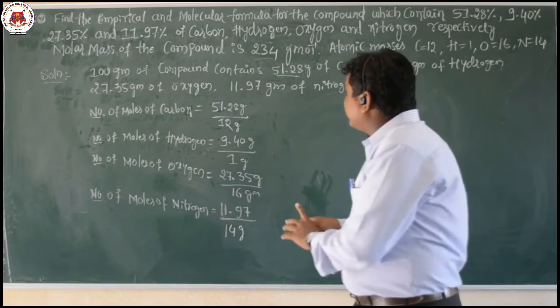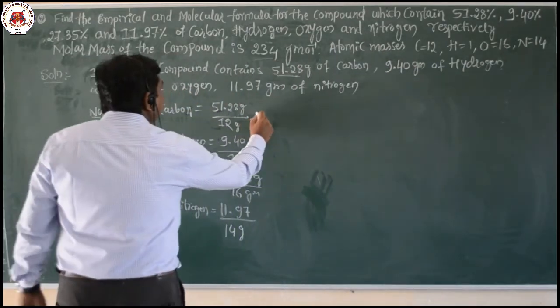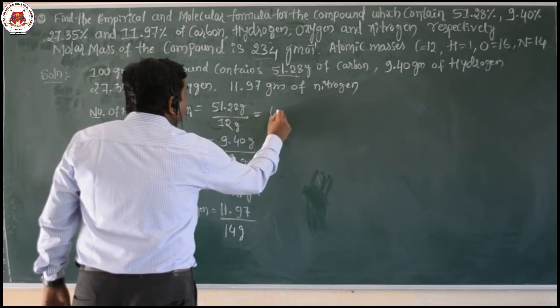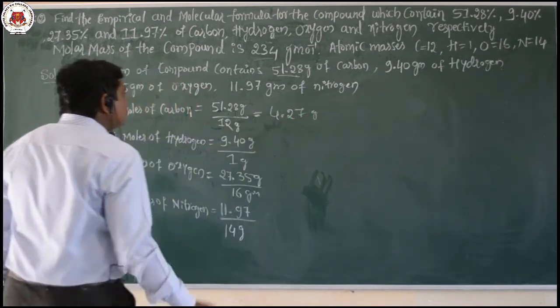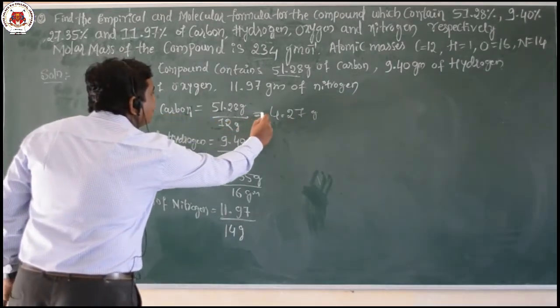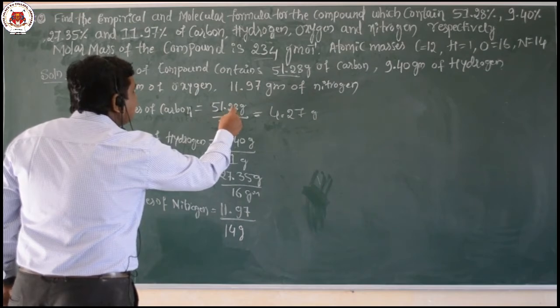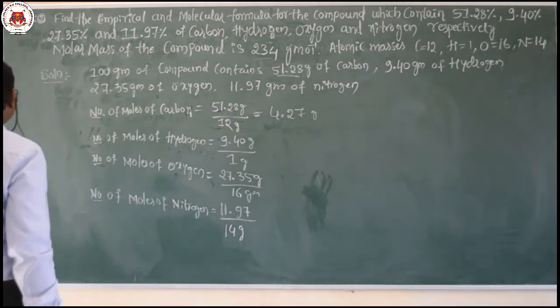After calculating the number of moles of carbon, you will get 4.27.